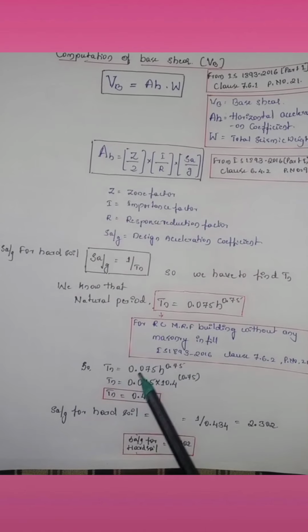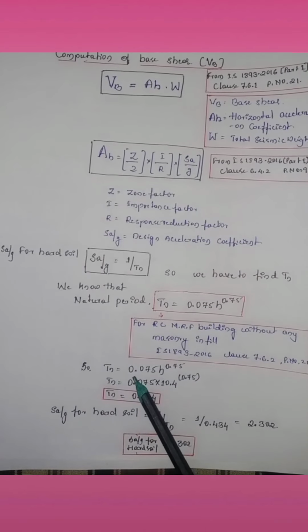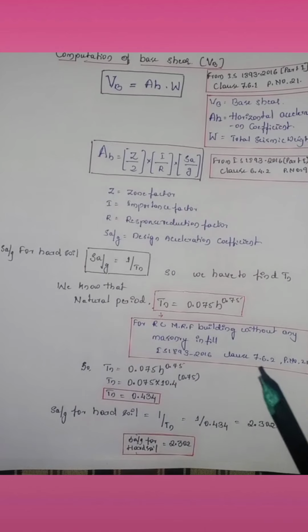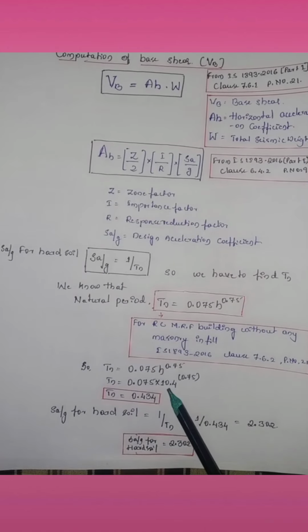Time period is equal to 0.075 h raised to 0.75. Here h is the total height of the structure from the ground level. If there is a basement, it is negligible here; it is taken only from the ground level.